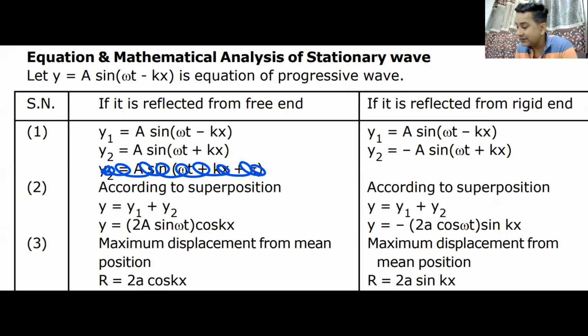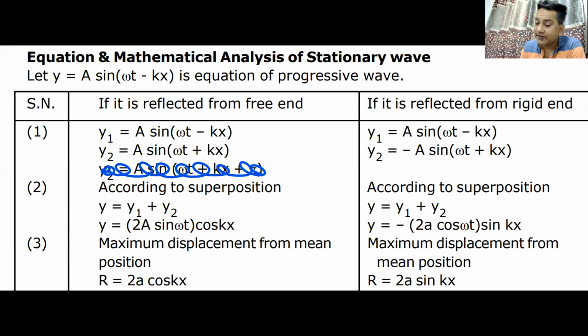I hope you have noted down the concept of stationary wave. And now we are going to see some mathematical analysis. We will be analyzing two types of cases. I hope that you write both these cases, note them down and understand the difference between the two cases and the difference in the equation that is coming from the two cases.